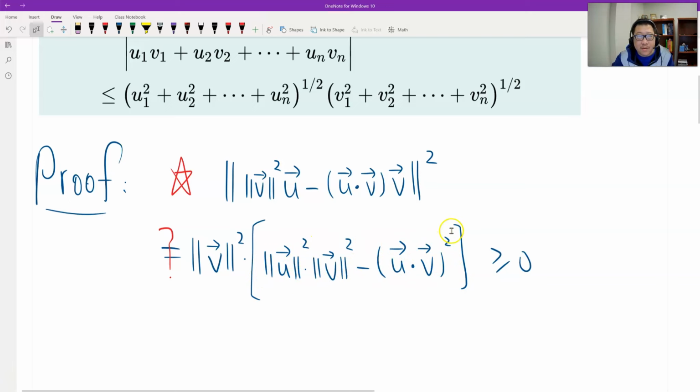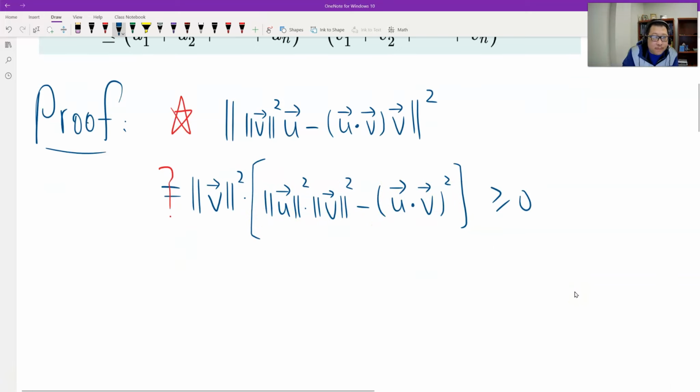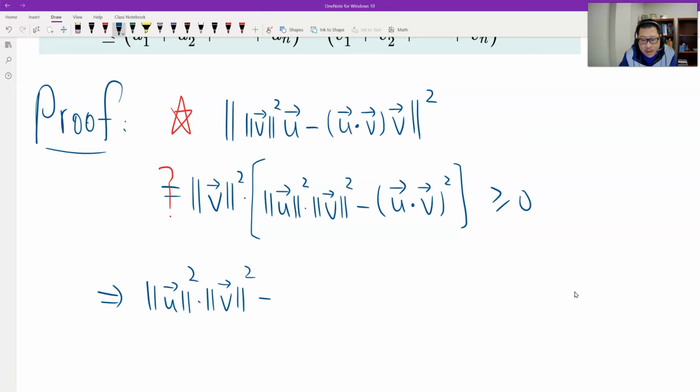If this is true, it is easy to see the second term should be greater than or equal to 0, which means the norm of u squared times the norm of v squared minus u dot v squared should be greater than or equal to 0, right?